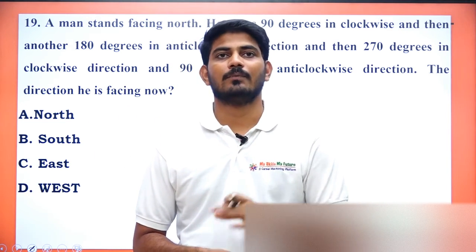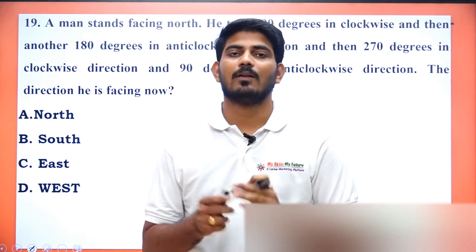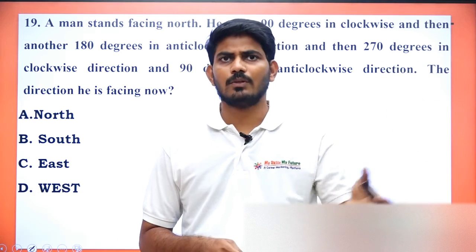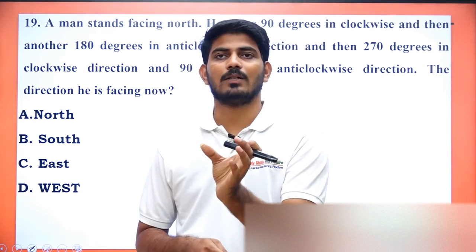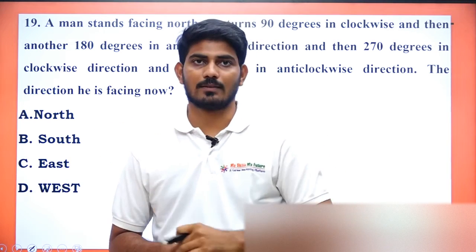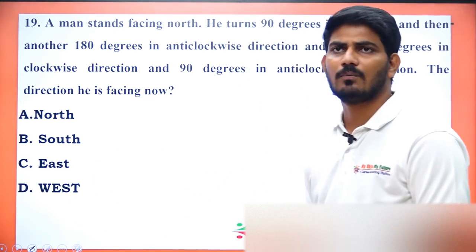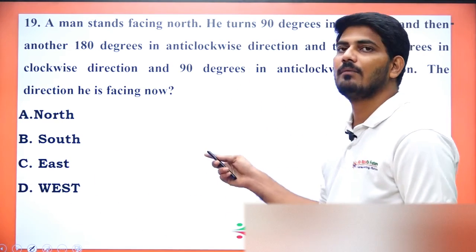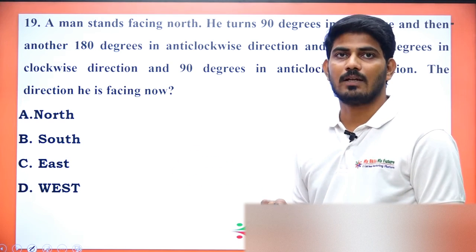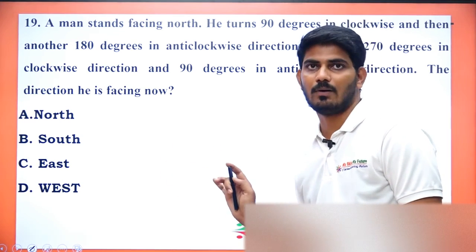So in that, lefts and rights cancel each other, and we are left with some value, suppose 3R or 3L. From the initial position, applying that remaining value, for example 2R means 180 degrees clockwise, we get the direction faced at the end. These are very similar to the first model problem. Instead of lefts and rights, he gives 180 degrees clockwise, 90 degrees clockwise, anti-clockwise directions like that in this problem.